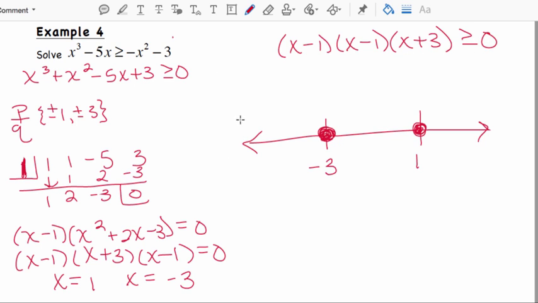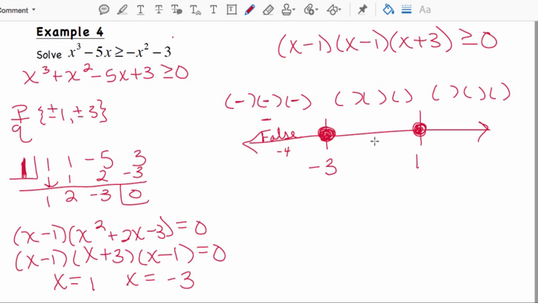And then I'm going to substitute in a negative 4 first. For each interval, we have 3 factors that we need to multiply together. So we get negative, negative, and negative. And the overall result is going to be negative. And a negative is not greater than or equal to 0, so this is false.